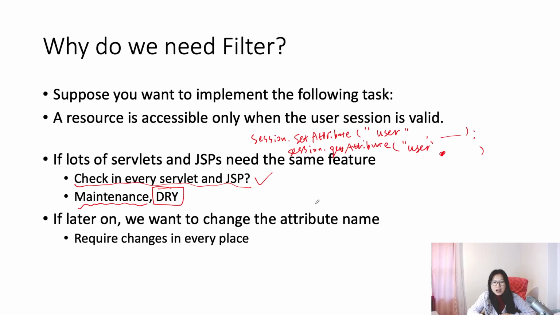Now later on you want to change the attribute name. I don't want to use user, I want to use session ID. What would you do? It still requires changes in every place, right? This is really bad.